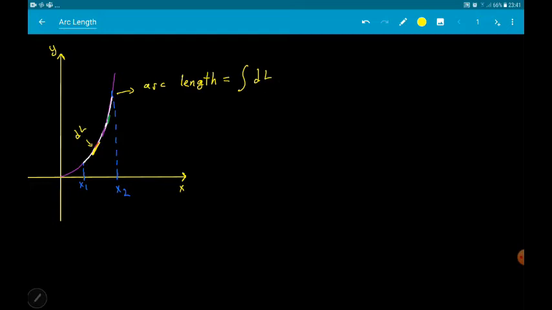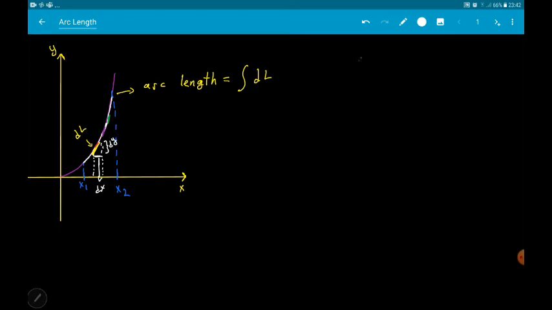So now we will try to express dl in terms of dx and dy. To do this, I'll take these 2 points and I'll find this very small part, and I will call this dx. It's very small, like infinitely small, as I mentioned before, and this side is going to be dy.